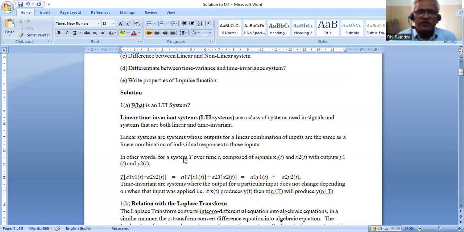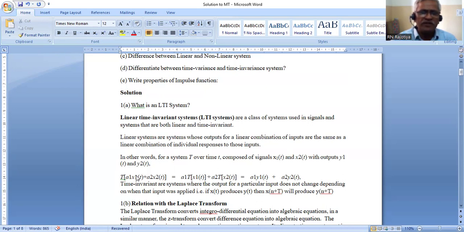So in other words, for a system T over the time t composed of signals x1(t) and x2(t), with outputs y1(t) in response to x1(t) and y2(t) in response to x2(t), it can be written combinedly for a linear system as a transformation of a1 x1(t) plus a2 x2(t).